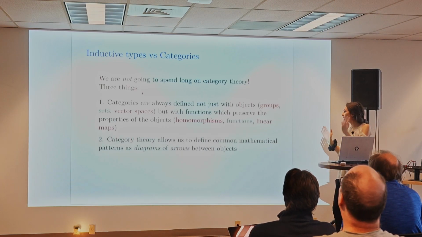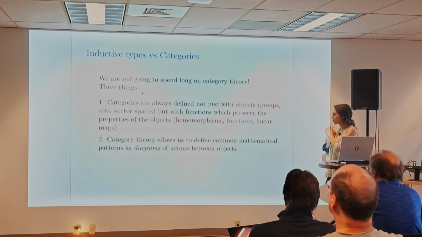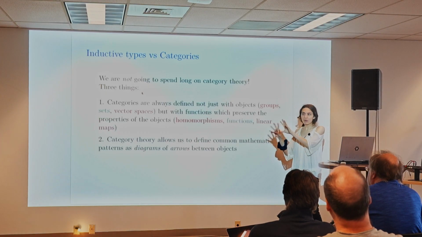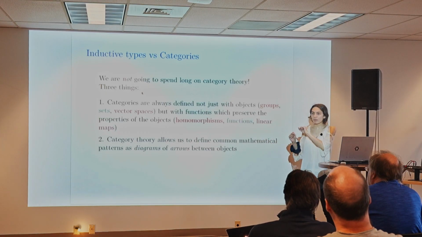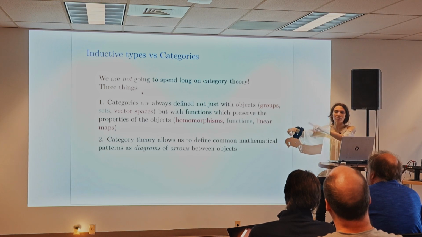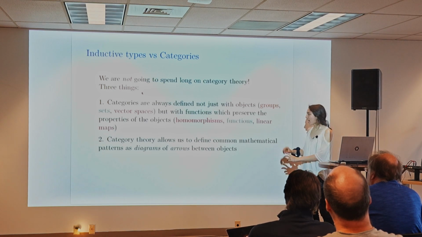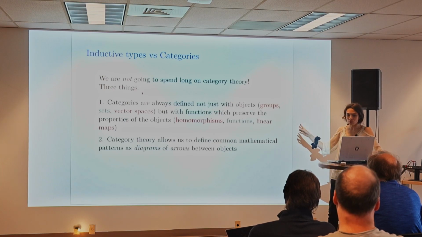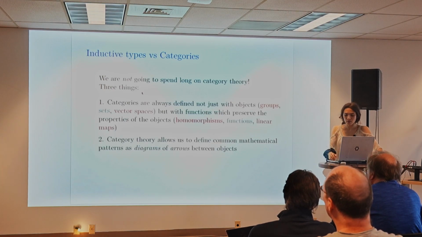Okay. So the neat thing about category theory is that we can take common mathematical concepts and define these patterns that we see across many different systems of mathematics as a diagram of arrows between the objects, arrows being the functions, or as you said, morphisms perhaps.